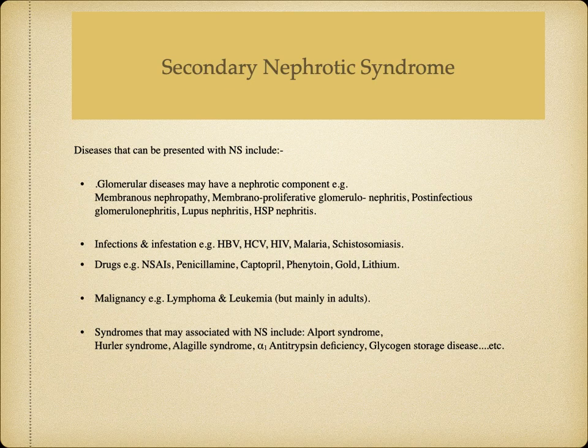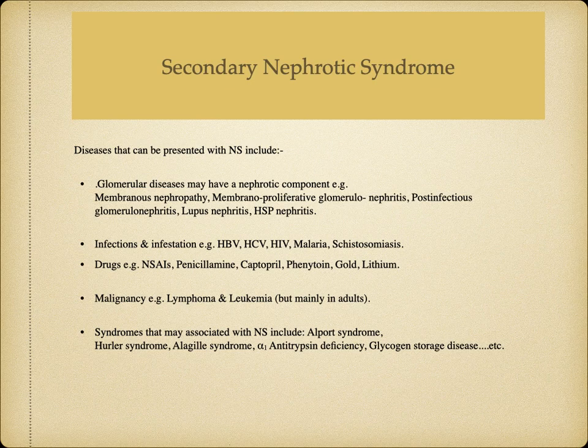As we said previously, up to 90% of nephrotic syndrome in pediatrics is idiopathic nephrotic syndrome. However, about 10 to 20% of the patients may have secondary nephrotic syndrome, that is secondary to some other diseases.